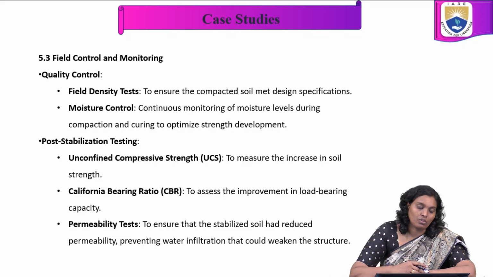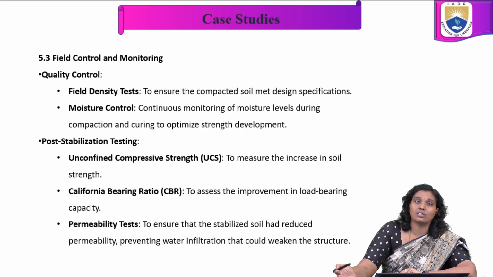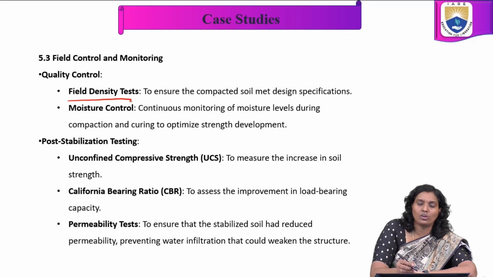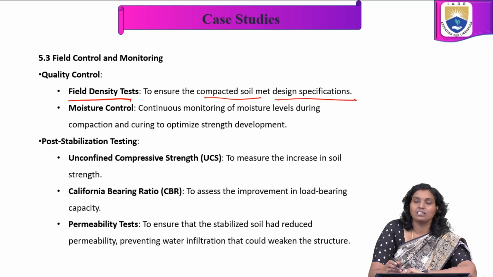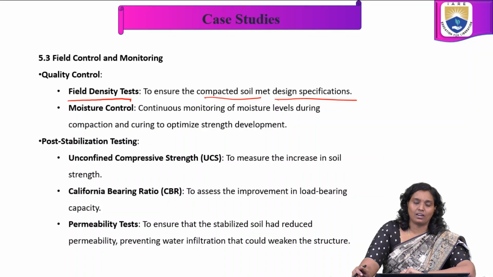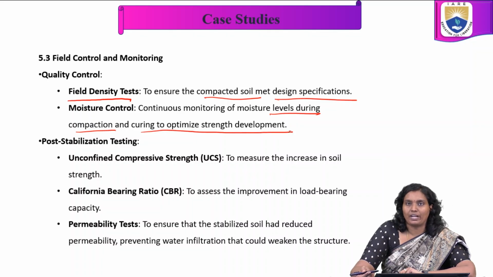Now quality control, field density tests and moisture control. After post-stabilization, unconfined compressive strength, California bearing ratio, that is CBR, and permeability tests are conducted. As a part of quality control, field density tests ensure the compacted soil meets design specifications or not. Moisture content is continuously monitored during compaction and curing to optimize strength development.